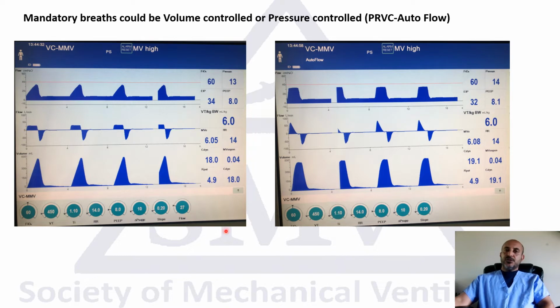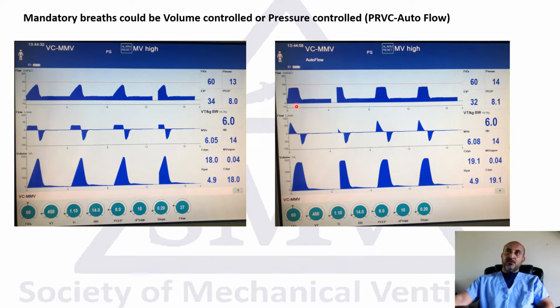But there is an option called AutoFlow on the ventilator, which is basically pressure regulated volume controlled. You set the same settings, tidal volume and respiratory rate, and the ventilator will give the breath in a decelerating flow waveform, typical of pressure controlled modes, again to target the tidal volume that you set here.